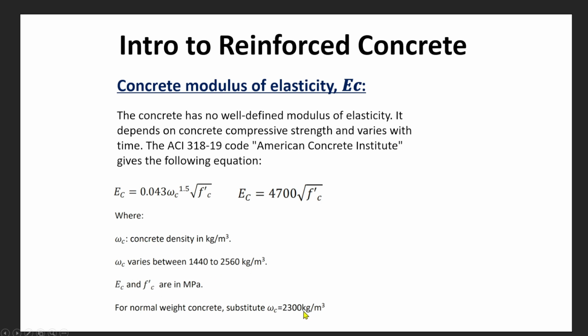So if we take an average and substitute 2,300 kilograms per cubic meter, then we will evaluate EC to be this equation, 4,700 square root of FC prime. So this is the EC that we will use in the design later.